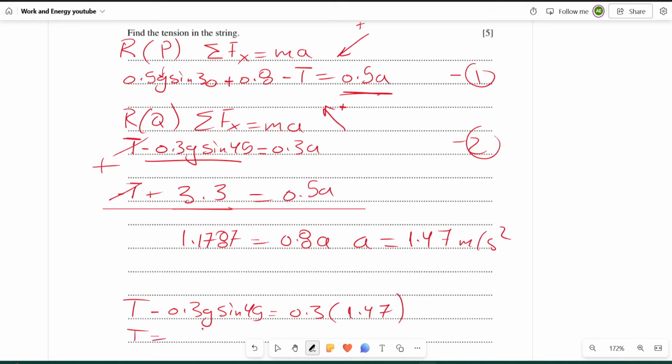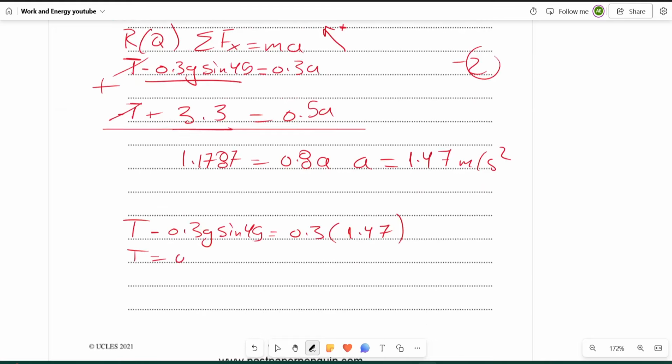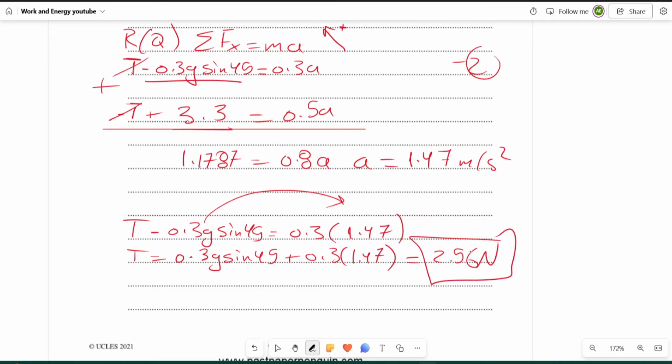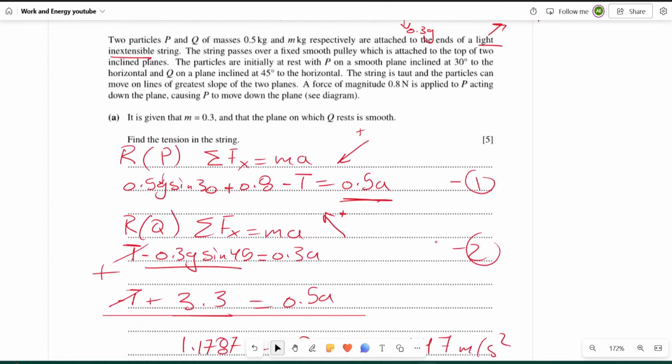So tension is going to equal, I'm going to move this to the other side, 0.3 g sine 45 plus 0.3 times 1.47. Plugging that in the calculator, it's going to give me a tension value of 2.56 newtons, and this is the right answer, and this is how to get your 5 marks.